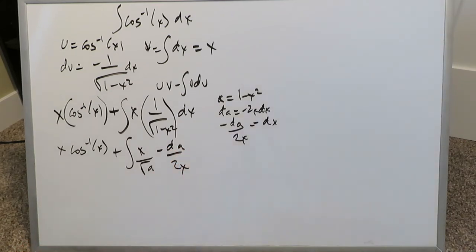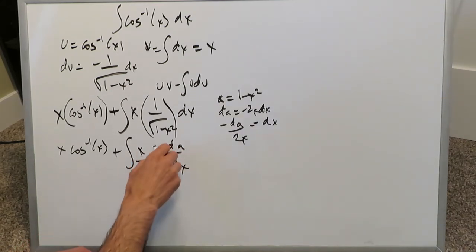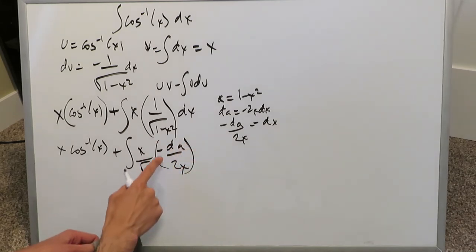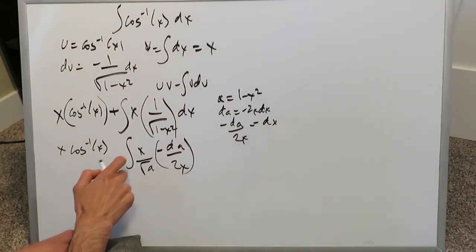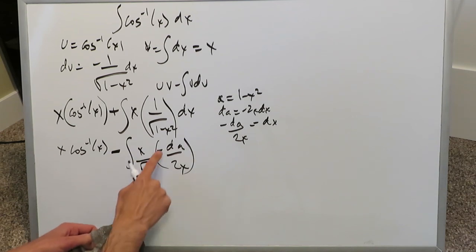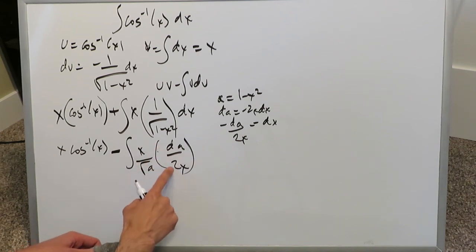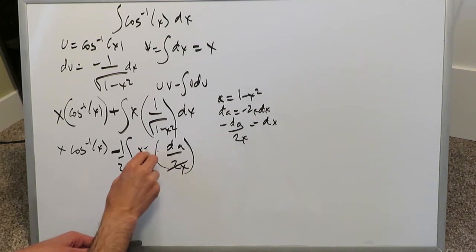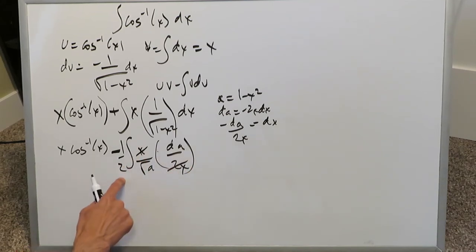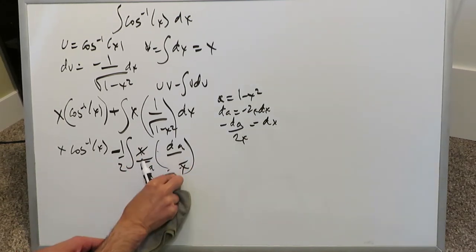We'll make some changes right over here. We have a minus because all of this is multiplying with this. This minus is going to affect this and make it into a minus. I'm going to bring this 1 over 2 out, and I can cancel this with that because I've already utilized the 2 over here.